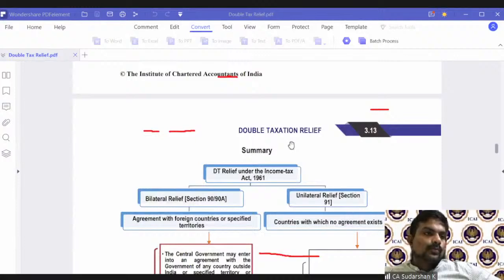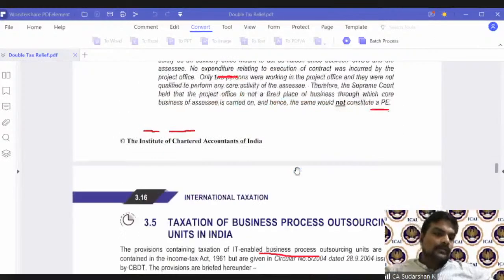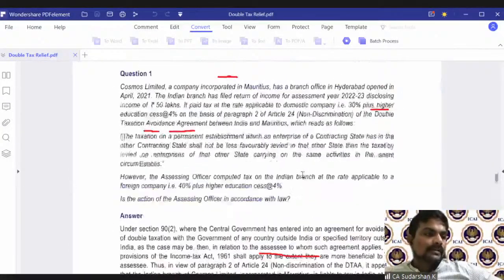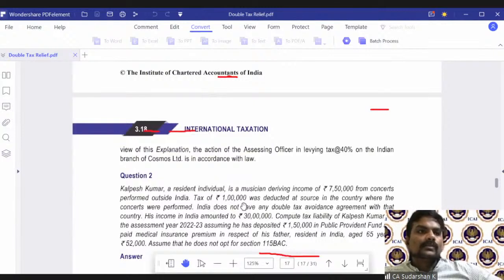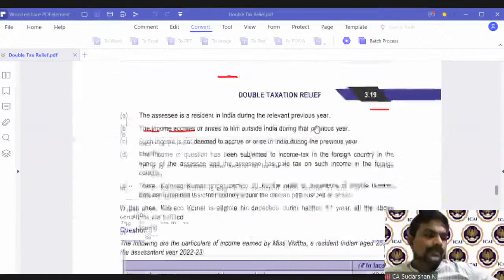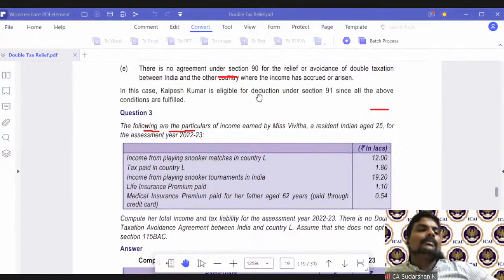What I want you to do is go further down, just to ensure you have understood the concept better. I want you to, without looking at the solution, try question number 2. Same thing. Sorry, I want you to try question number 3.